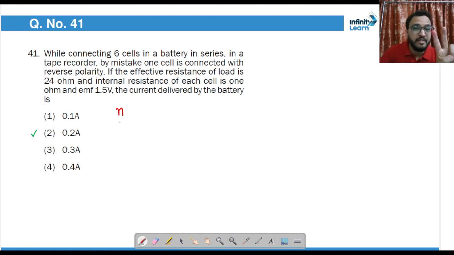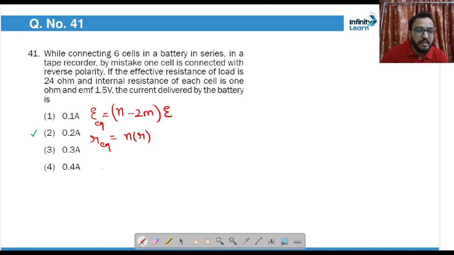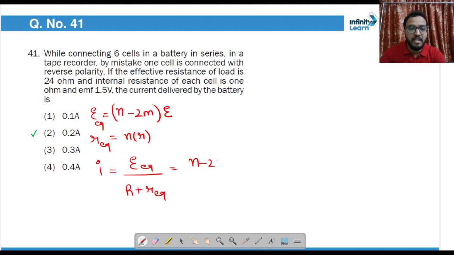And if m cells are connected in reverse polarity, so E equivalent becomes n minus 2m into E. And R equivalent still remains nr, and current becomes E equivalent upon capital R plus R equivalent, right? So you will say n minus 2m into E upon R plus nr.